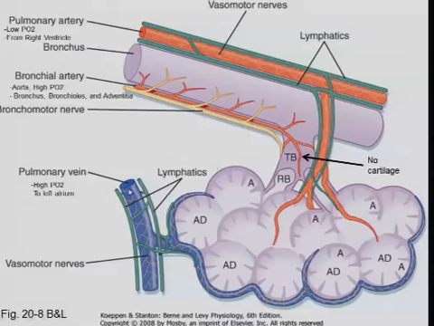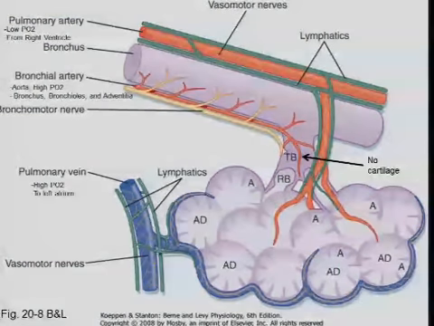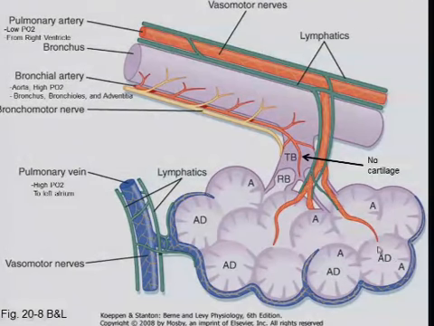And down here, the pulmonary vein is oxygenated blood, so this should be red and not blue. Make sure you understand that, because this is the way the image is in the book. So the blood coming from the pulmonary artery branches down, follows the branches of the airway, and then branches out and creates a capillary bed surrounding each of these alveoli. That's where our gas exchange comes from.